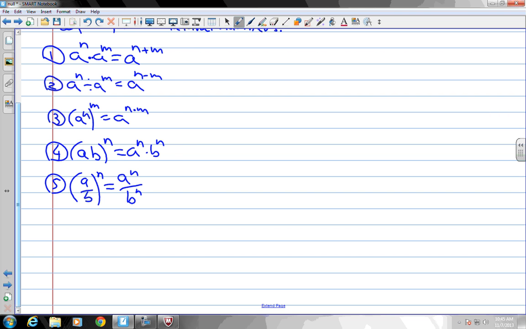Another rule that I think you know is a raised to the power 0 equals 1. So anything to the power 0 equals 1 as long as a is not 0 itself.